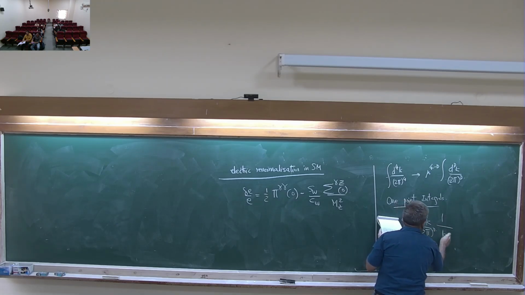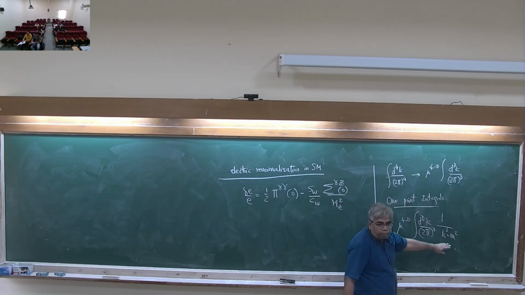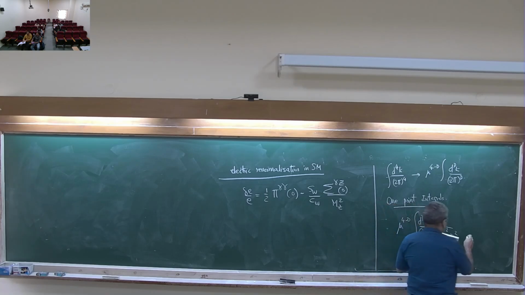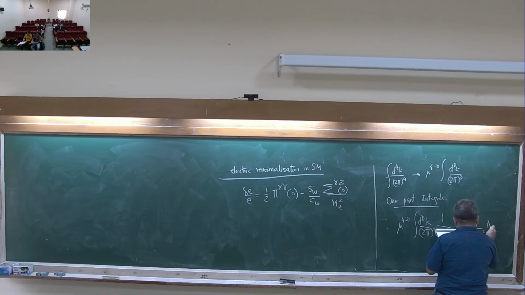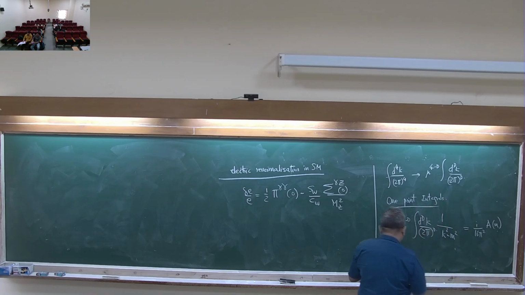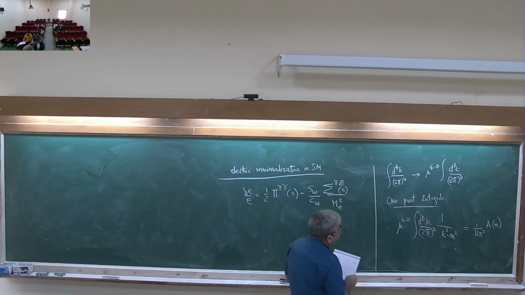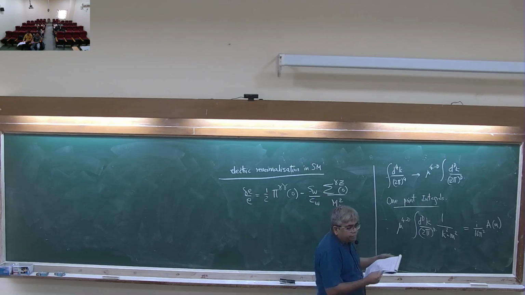The first one is just if we have a single propagator. So that's called an A function. Now A is divergent. Is this divergent or convergent?